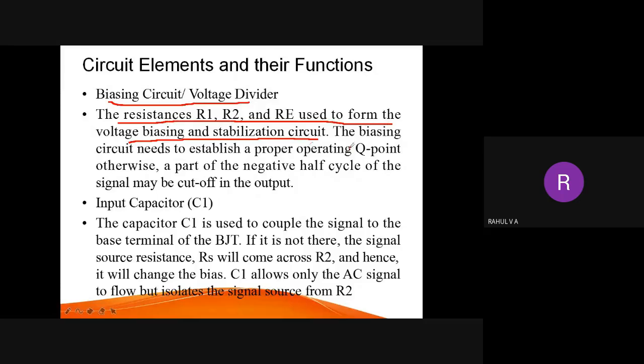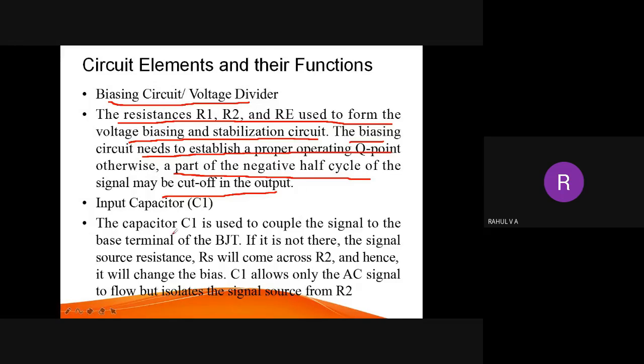The biasing circuit needs to establish a proper operating Q point, otherwise part of the negative half cycle of the signal may be cut off in the output. Since we don't have to go that deep into the theory, the Q point is not in our syllabus. That is why I am not going further into that word. Just knowing this much is enough: R1, R2 is for voltage biasing and RE is for the stabilization circuit.